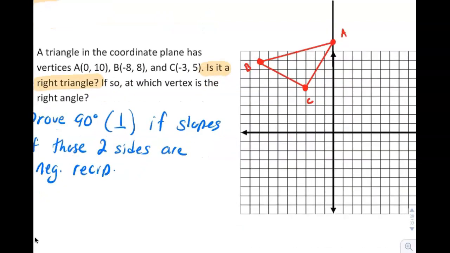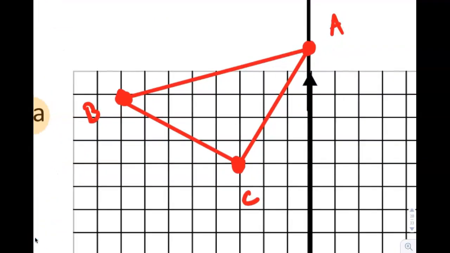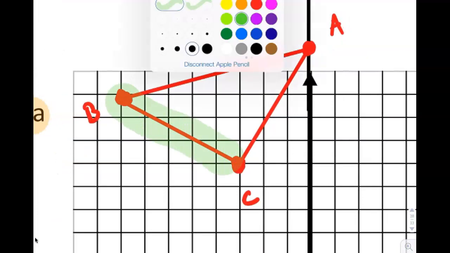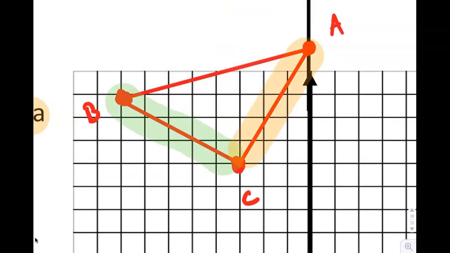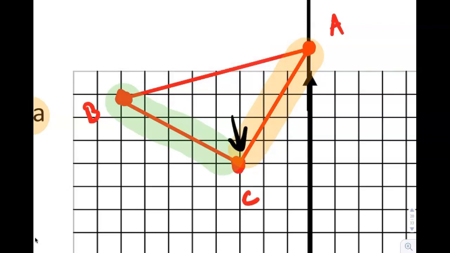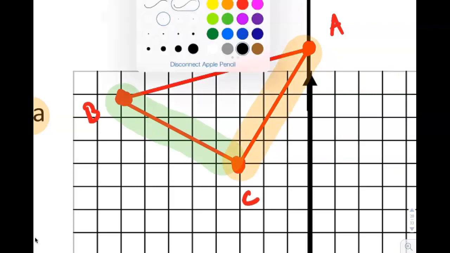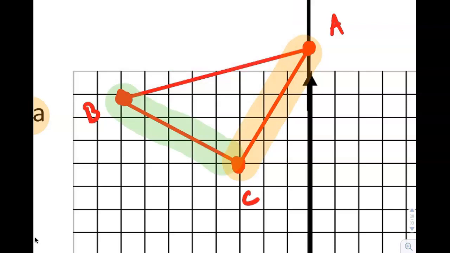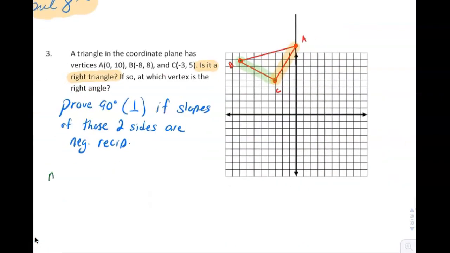So let's see. Obviously, the two that we're talking about are this one and this one, because they're the two that meet right here. So let's see what the green slope is, and then let's see what the orange slope is. So the green slope from here to here, so the slope of BC, and we know slope is rise over run, and rise could be fall.